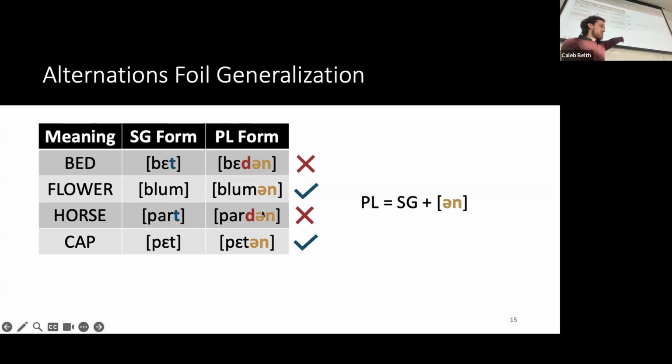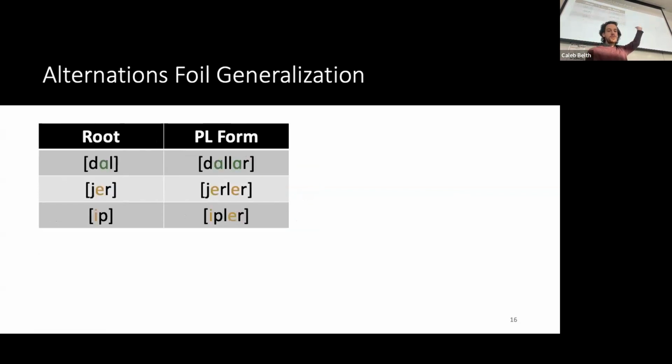But because of the alternation, that's not going to be true for bed and horse. And so this alternation essentially is introducing exceptions against this initial generalization, foiling it. Similarly, in Turkish, if we were to posit that the plural is equal to the root plus, say, the back vowel form of the suffix, the front vowel forms will be exceptions.